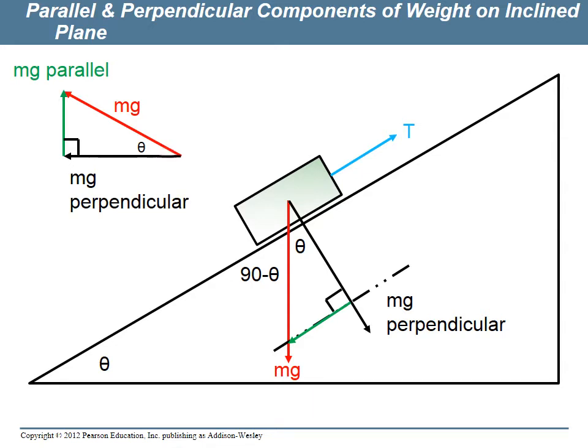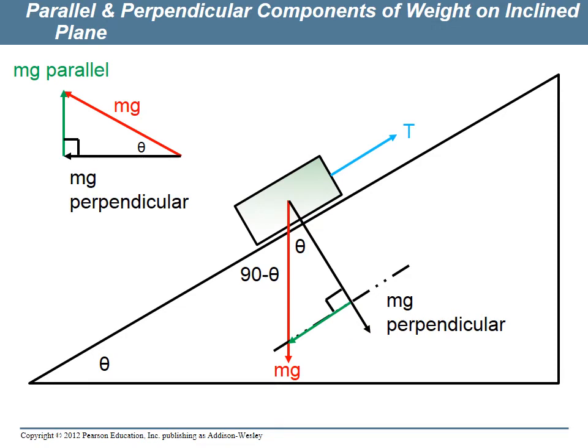This part right here would be mg cosine theta, and this part right here would be mg sine theta. So this direction, this green arrow, is mg sine theta, the weight times the sine, and the perpendicular would be mg cosine theta, or the weight times the cosine theta.